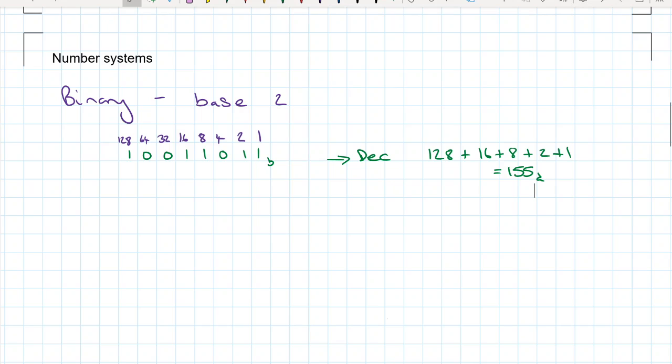If we want to go the other way around, we do a similar task. So in converting, say, 203 decimal into binary, can we do 128 into that? Yes, we can.